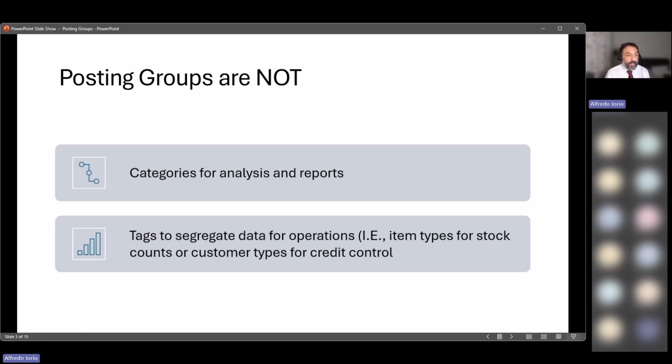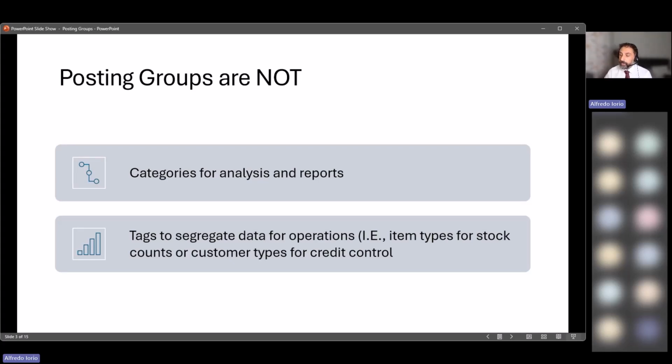Posting groups are not categories for analysis and reports. Sometimes I hear consultants go through training sessions with clients, because I often also support and teach younger consultants when I work on projects, and I often hear this sentence: well, posting groups are categories, right?